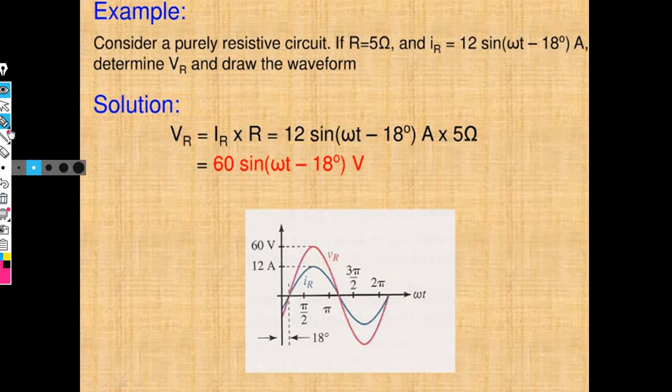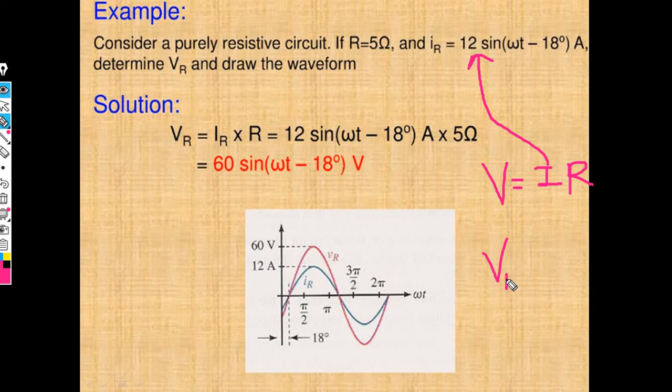Now by Ohm's law, V is equal to IR, the voltage is directly proportional to the current and resistance. Here we obtain the resistive voltage VR equal to IR into R, where IR is given and R is equal to 5 ohm.